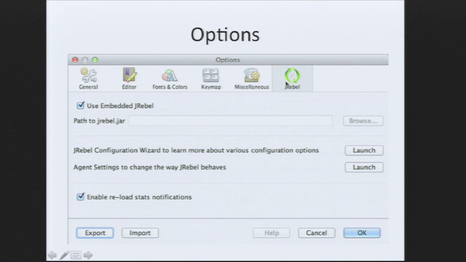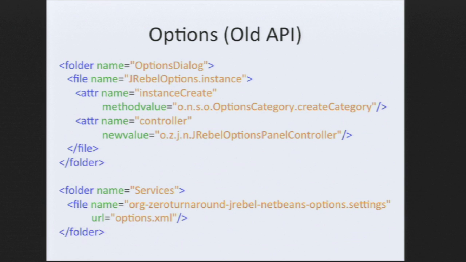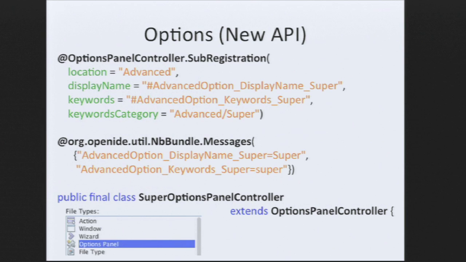So it has both the old API, which you can define in the XML, or, if you generate it inside the new version of NetBeans, you get the new API with the annotations. Basically, it just annotates the classes and, as far as I know, generates layer XML parts with an annotation processor, right? Correct.